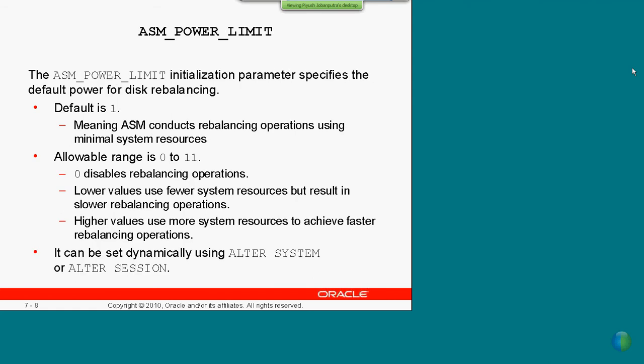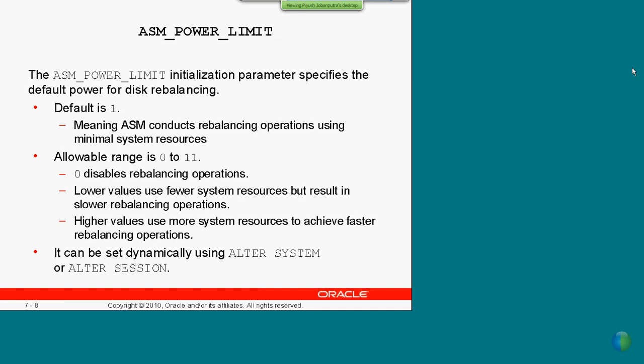The other parameter is ASM_POWER_LIMIT. The default is 1. This is the parameter used when the system wants to do a rebalance. Rebalance happens whenever you add or delete a disk from a disk group. Rebalance is a resource-consuming process, and it takes a lot of your CPU and memory.